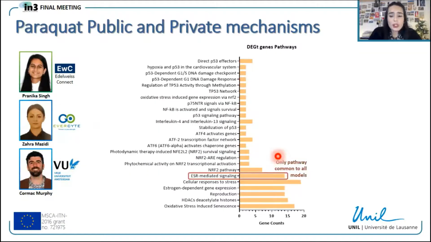Looking at the differentially expressed genes in at least 2 of these models, we end up with a lot of pathways being potentially affected, such as some related to P53, NRF2, ATF4, and also ESR-mediated signaling. That is actually the only pathway common to all the models that is related to estrogen.